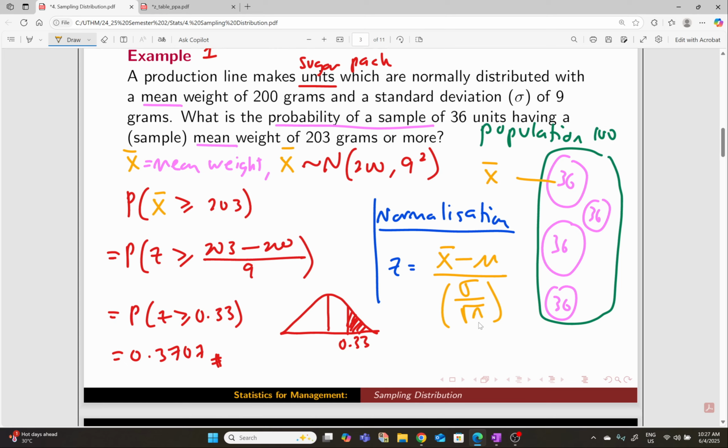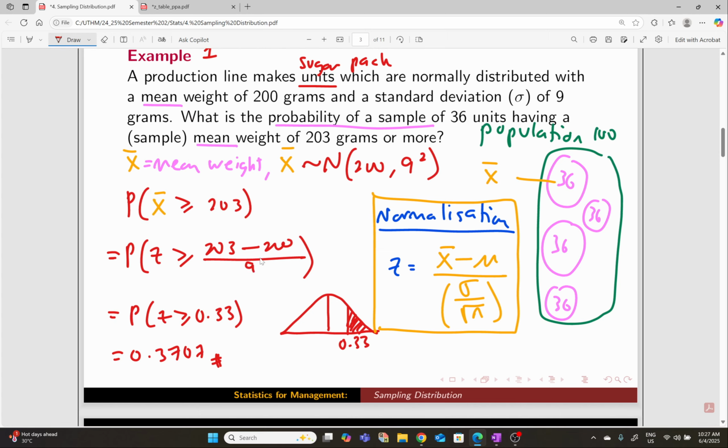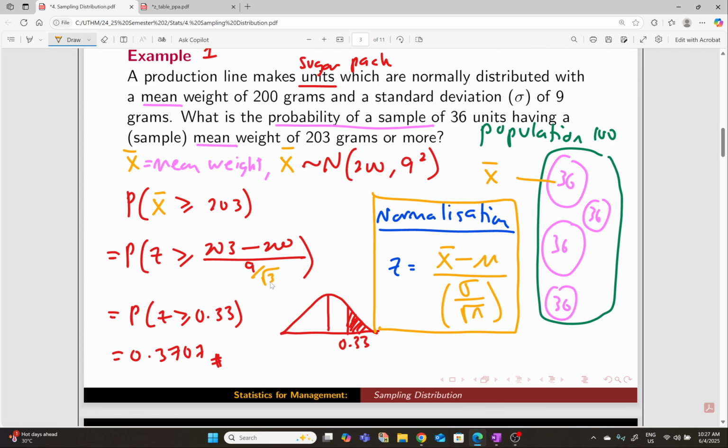We call this n the sample size here. So this is 200, this is 9. The extra thing we need to do is divide by the square root of the sample size. If you do this, Z is still the same, don't worry.